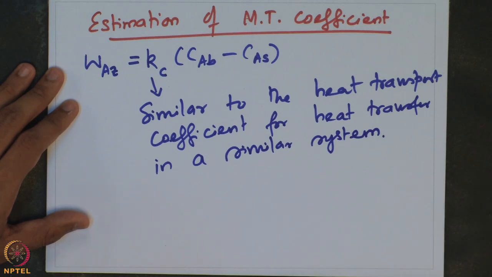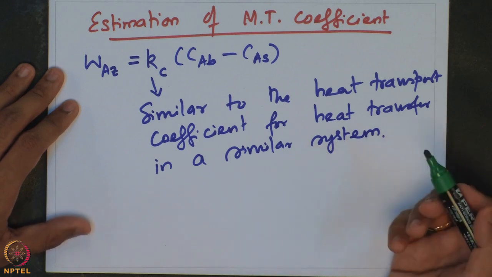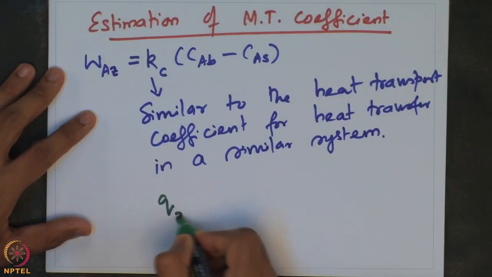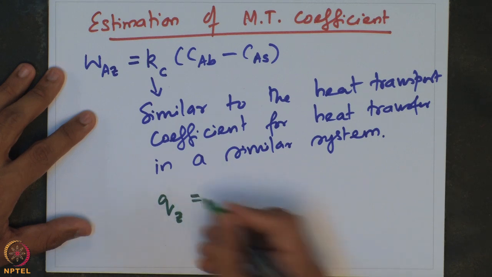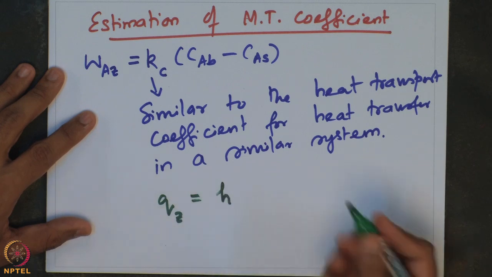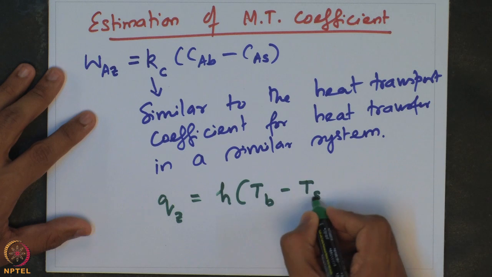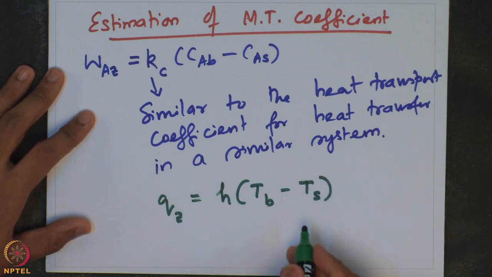So, let us now contrast and see what the heat transport coefficient is in a heat transport problem. The flux of heat transport at a specific location, for the same system through the film, would be some heat transport coefficient multiplied by the temperature in the bulk minus the temperature at the surface.